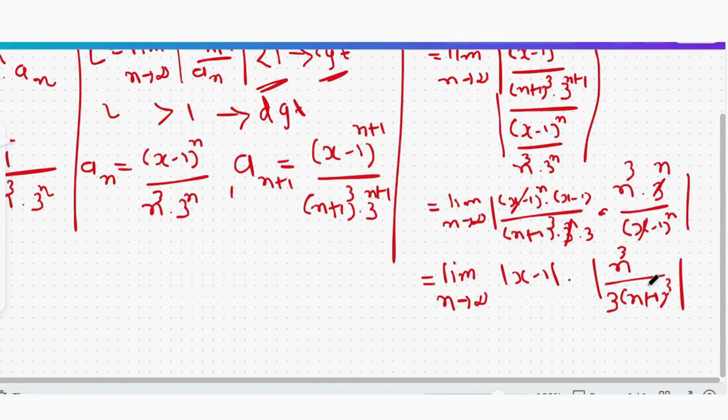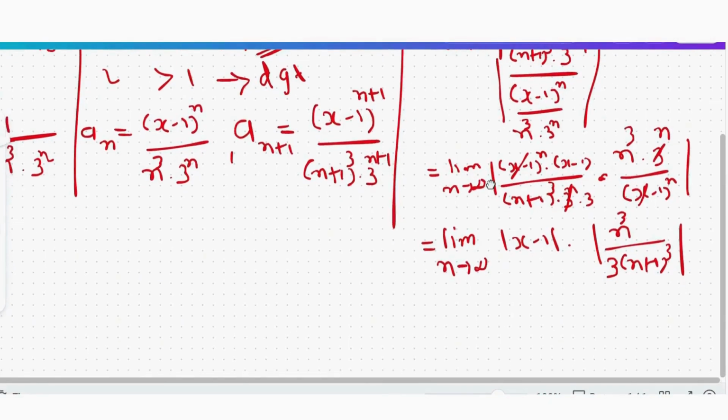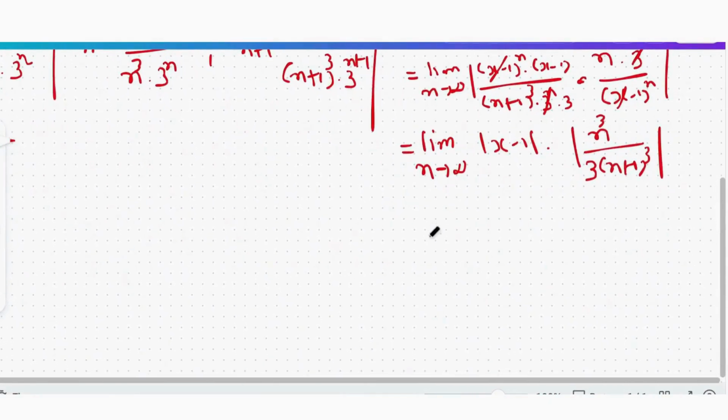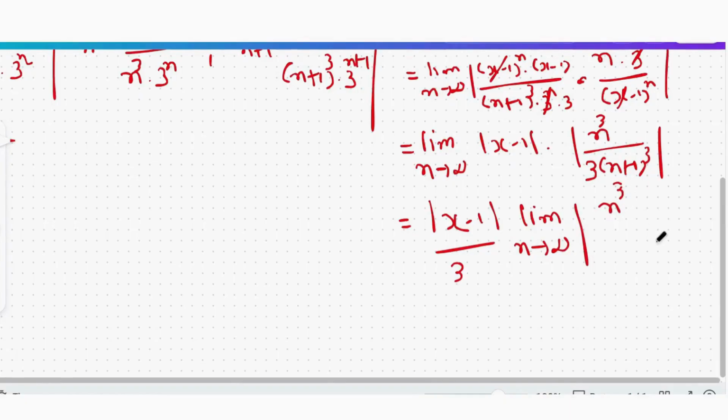Now again simplify this. This value is free from n, so take mod x minus 1 common. Again 3 is a constant, so take it outside. Limit n tends to infinity of n raised to 3 upon (n plus 1) raised to 3.